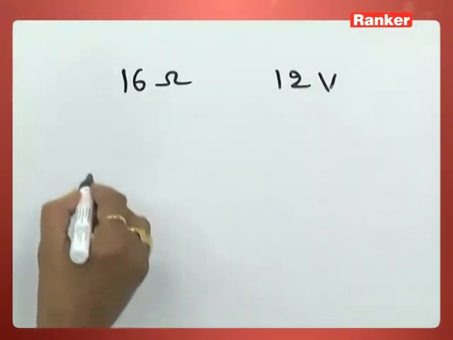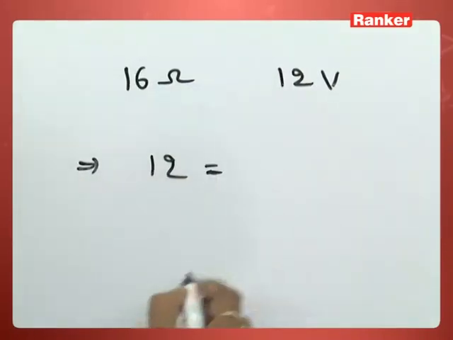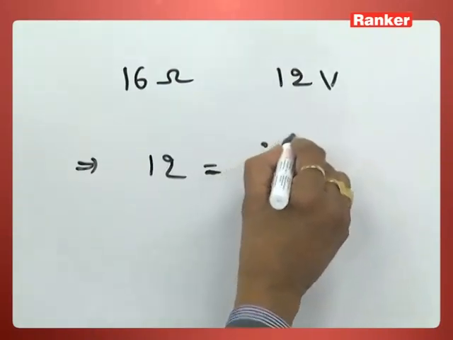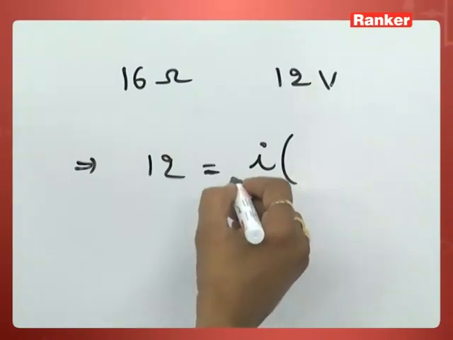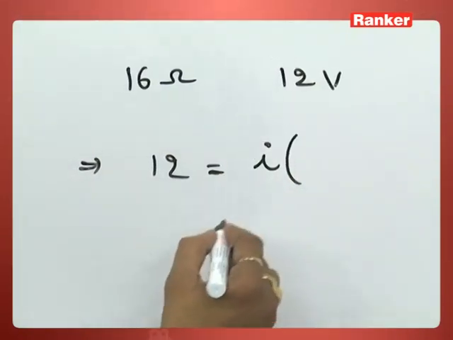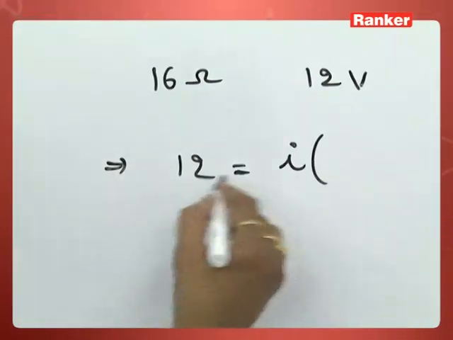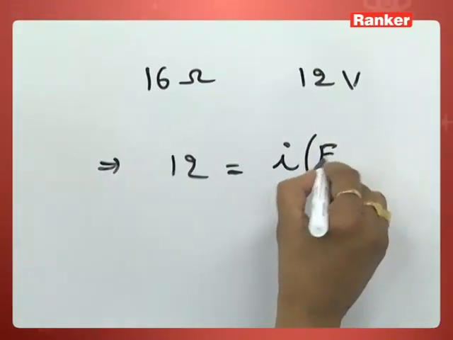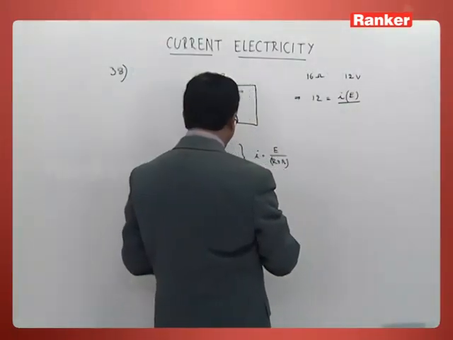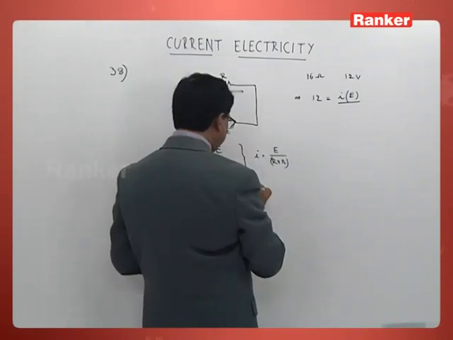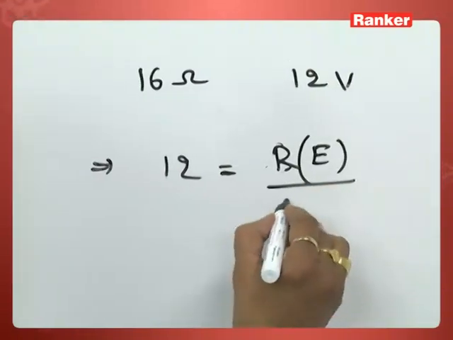Then how to write this equation? 12 is equal to the value of current into R, that is, you can directly write R plus small r, the internal resistance he is asking you. 12 volt he has given you, I is E by R plus r, into capital R, we should write here, RE by R plus r.